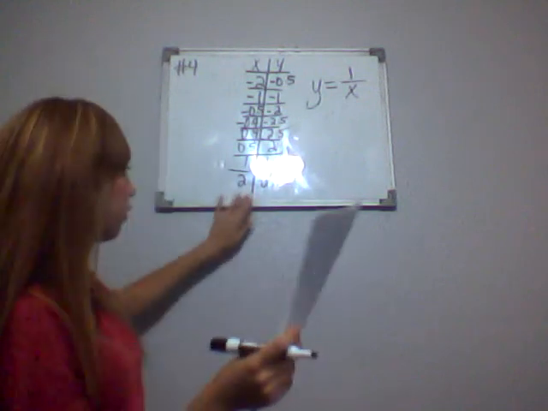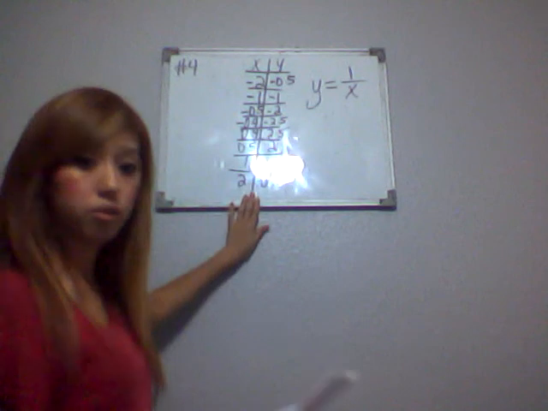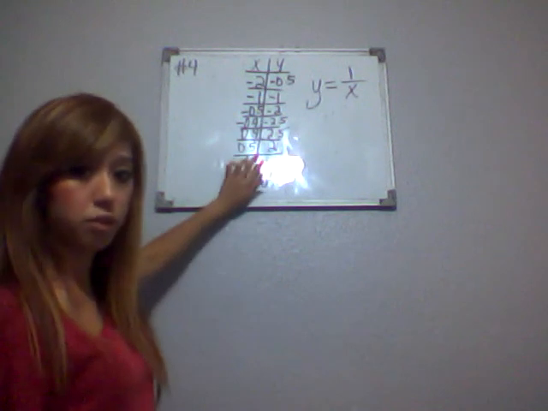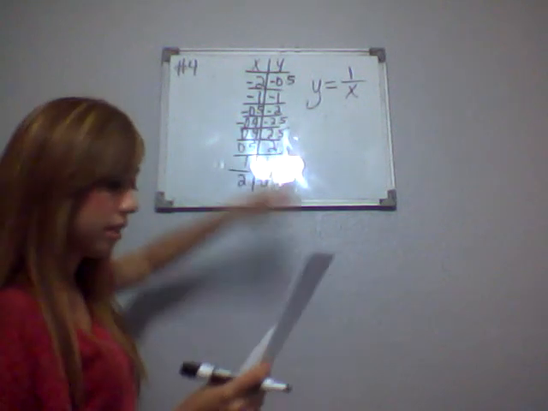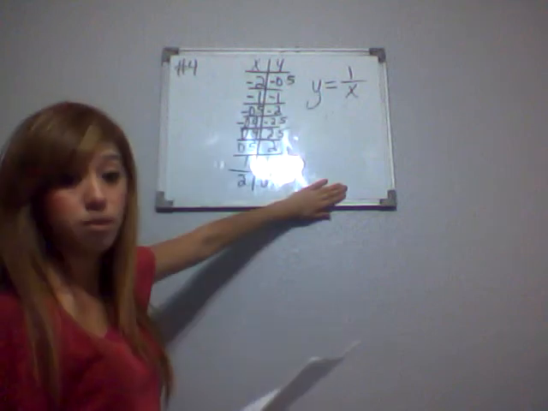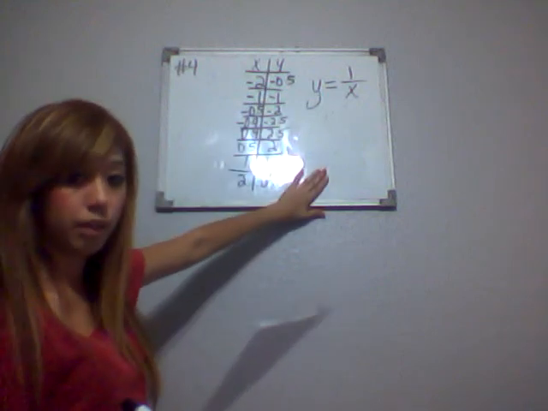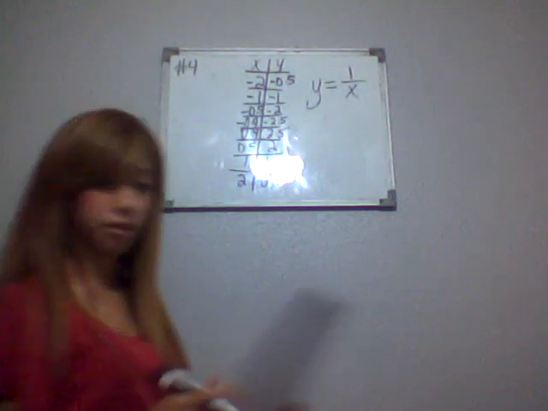Okay? Go ahead and do the same thing for the inverse function. You already know that you just flip x and y. And fill in the inverse function table and go ahead and graph both on the graph given.